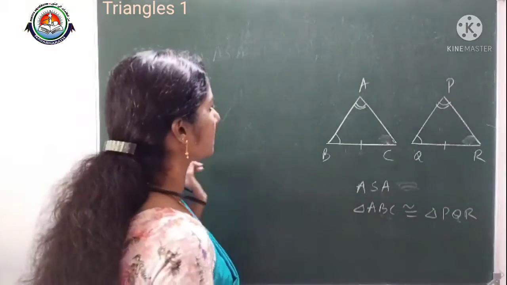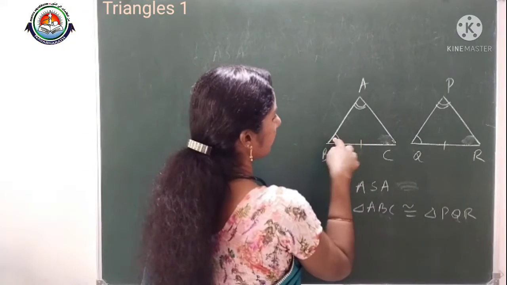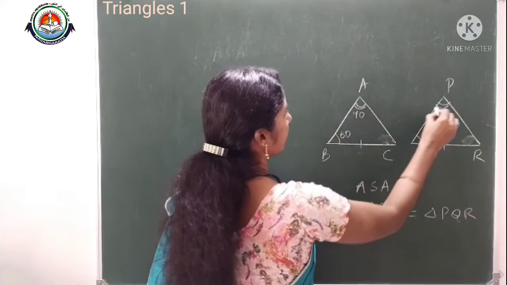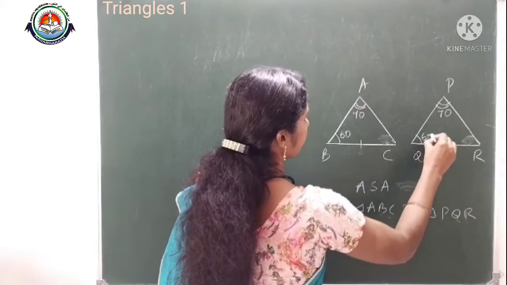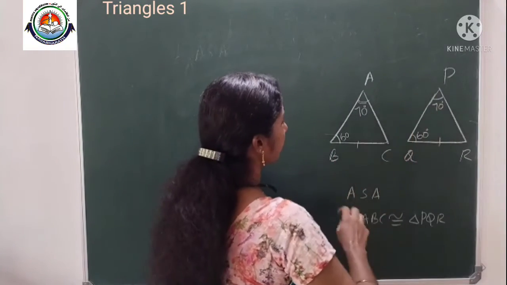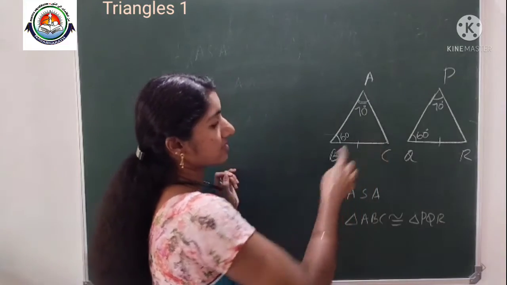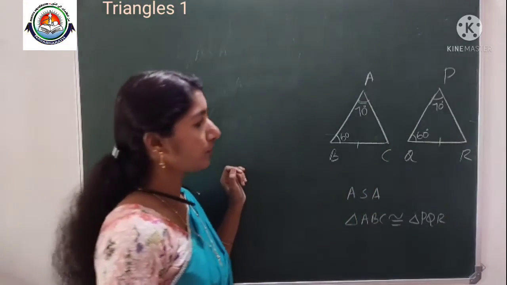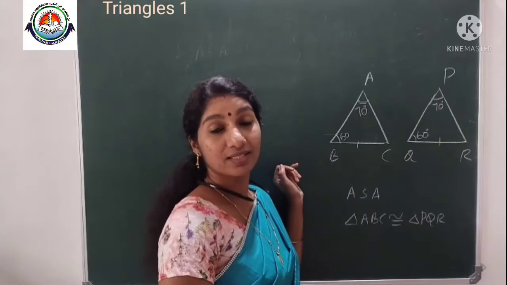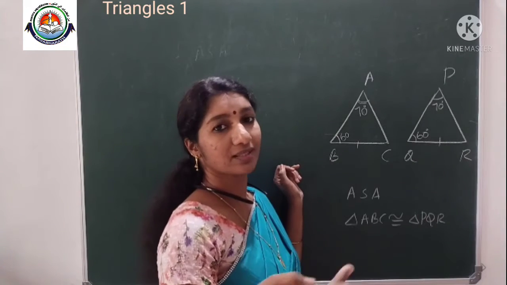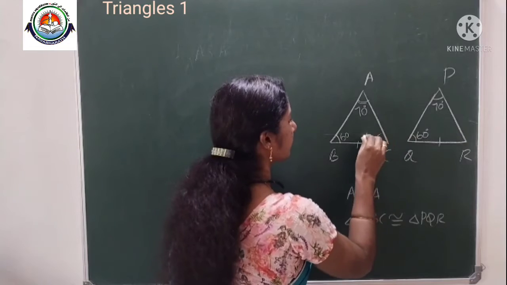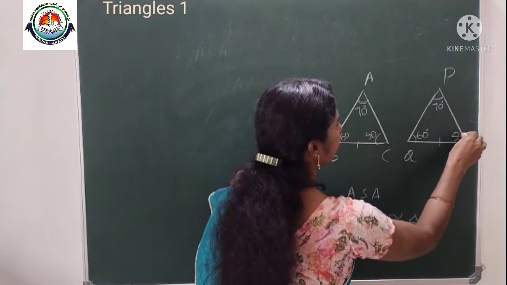Of course we can, because we know angle B equals angle Q. Suppose these are 60 degrees and 70 degrees. Then see what we get for angle C: the sum of three angles is 180 degrees, so 180 minus their sum gives the third angle, which is 50 degrees. So here also it will be 50 degrees.